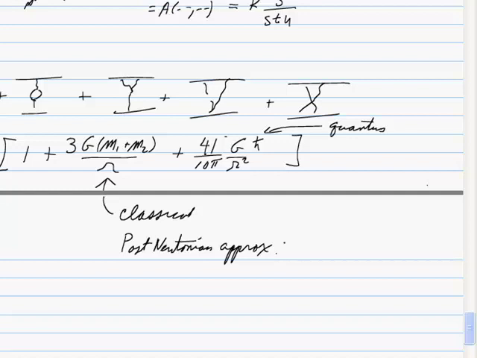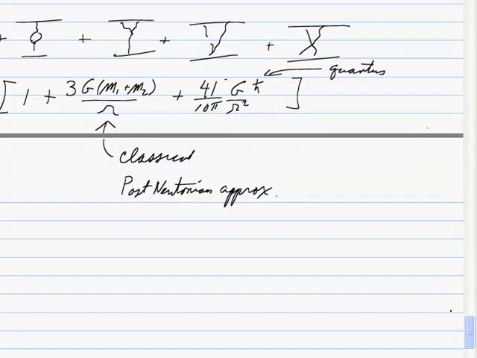Okay, post-Newtonian is the first order correction after the Newtonian limit, which is the one I showed you before. Okay. So that's the nature of the quantum theory.